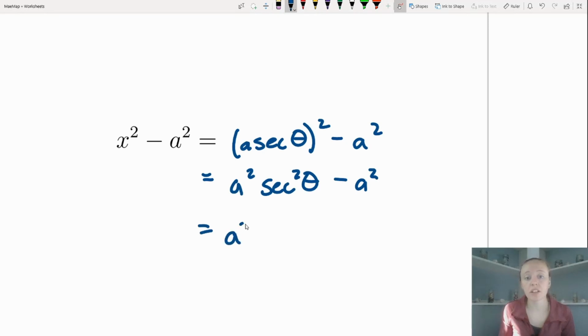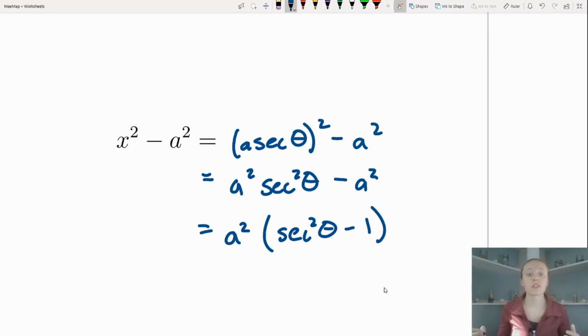Pulling out that a squared, we get secant squared theta minus 1. What is this? Well, we know that tangent squared theta plus 1 equals secant squared theta. So using that identity, secant squared theta minus 1 is tangent squared theta. So this is equal to a squared tangent of theta, that quantity squared.